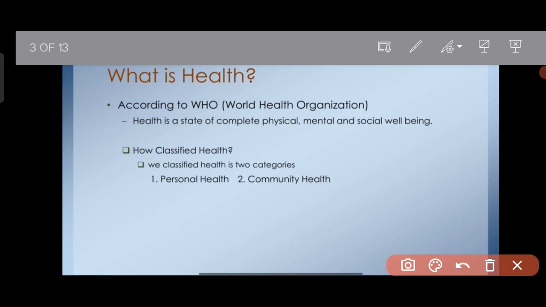There are disease causing pathogens available, right? If they attack our body, our immunity system gets lower. So for that we need specific conditions. There are specific conditions necessary for good health.